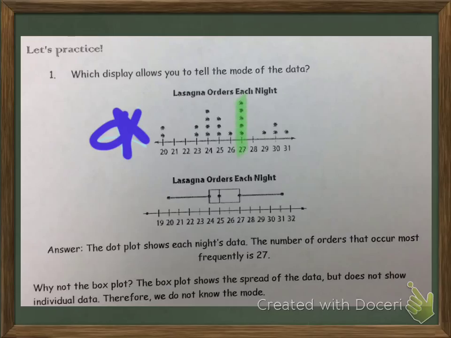Here is immediately showing us the mode, whereas the box plot, we're not sure where that mode is. The box plot shows the spread of data, but it does not show individual data. Therefore, we cannot find the mode.